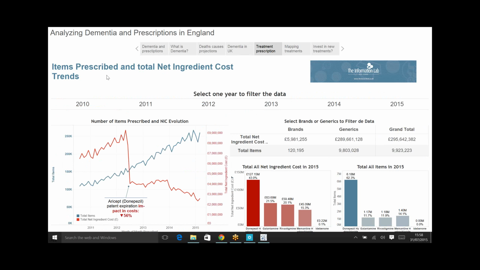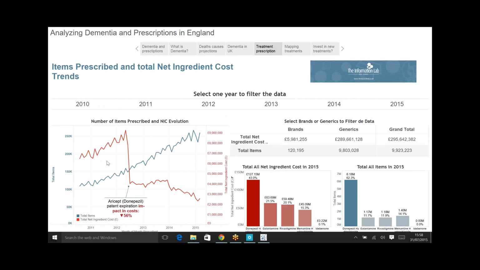In the treatments, what we can see, and this is data from the dataset, for example here on the left, is that the total items prescribed for dementia has increased very constantly during the years until more than 200,000 items in March of 2015.